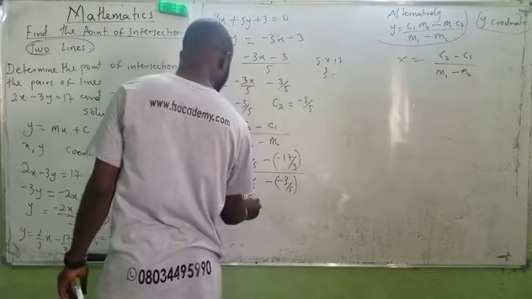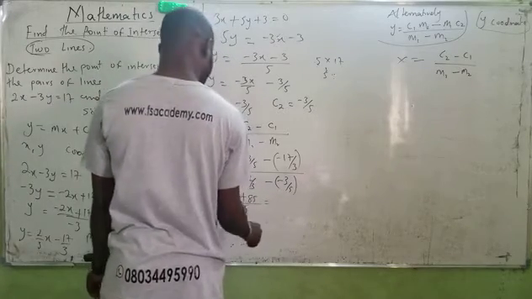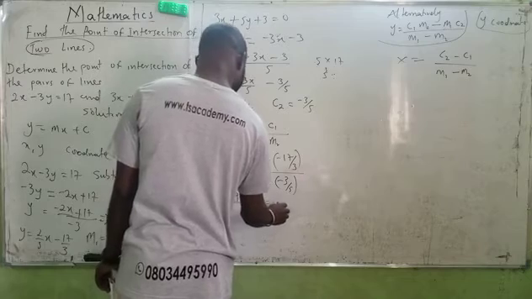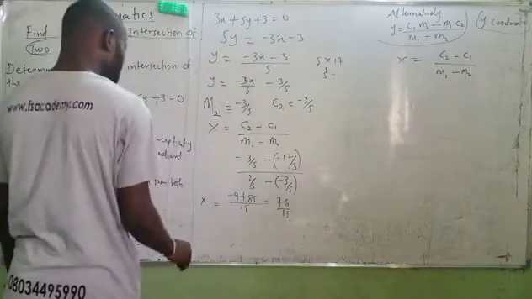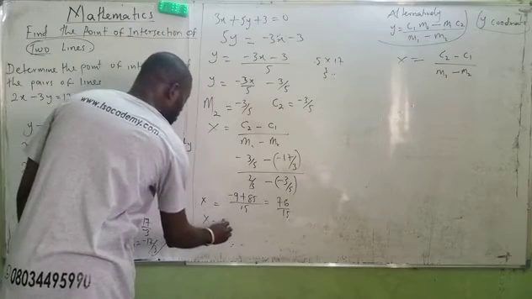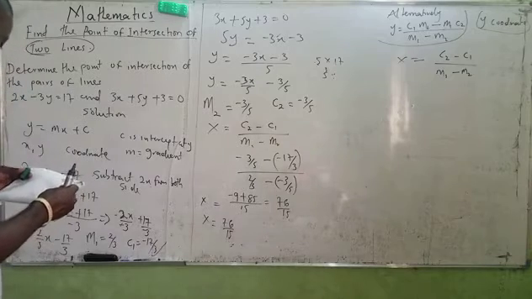I'll have 85. Now, which I'll have 76. It will be 76 all over 15. It means my x is 76 all over 15. Hope I'm not making a mistake.